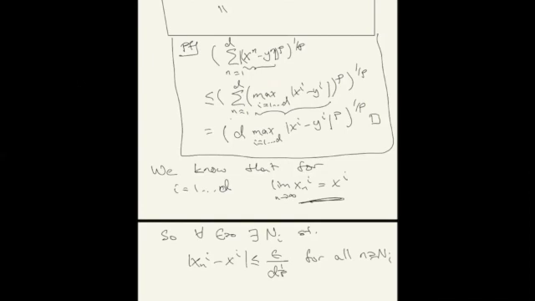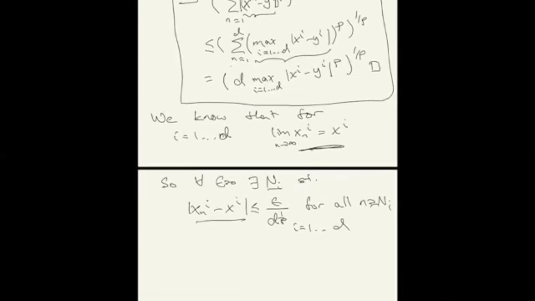So we have d sequences. For all of them, 1 through d, we apply this statement, we get a different N_i. And this is where finite is different from infinite dimensions: because we have finitely many, we define N as being the maximum of N_i, i equals 1 through d.